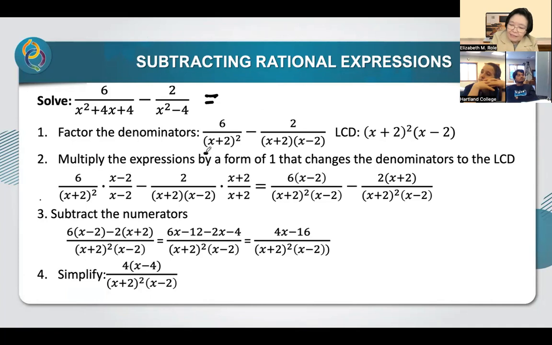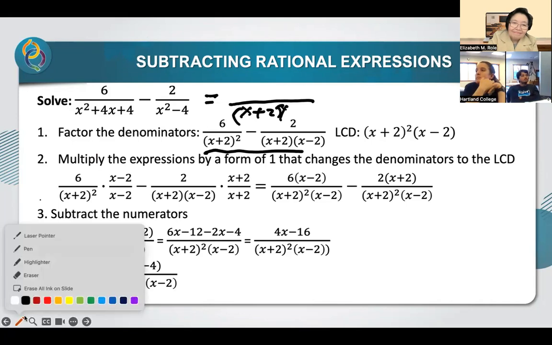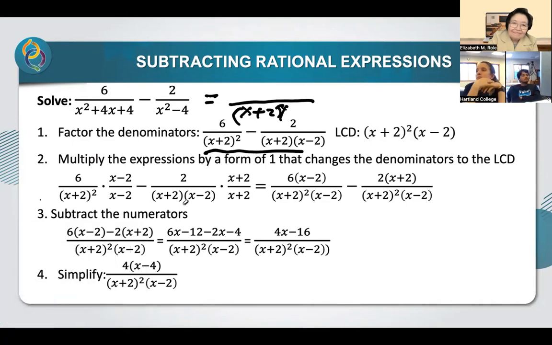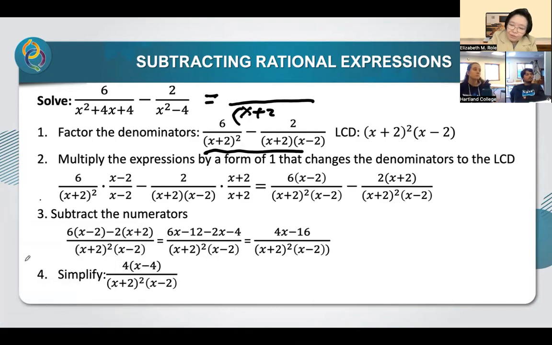So we consider this. The common now is x plus 2 squared. You already know this to be the least common denominator, x plus 2 squared and x minus 2.